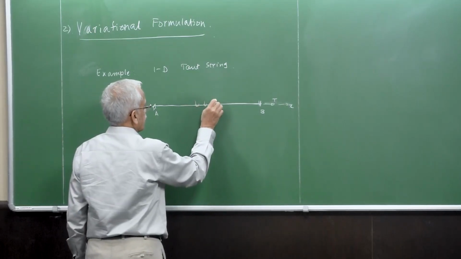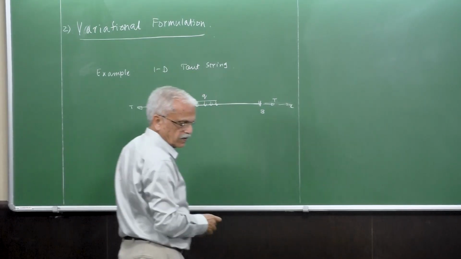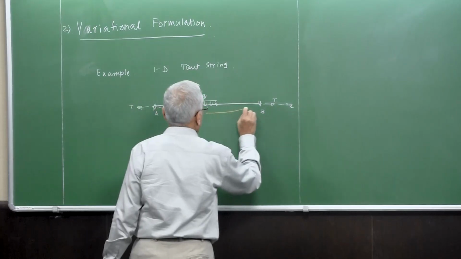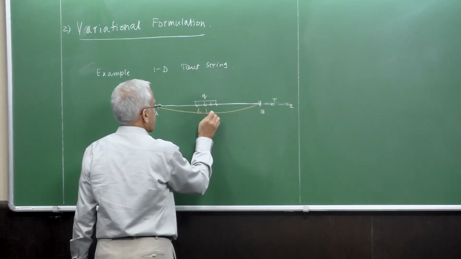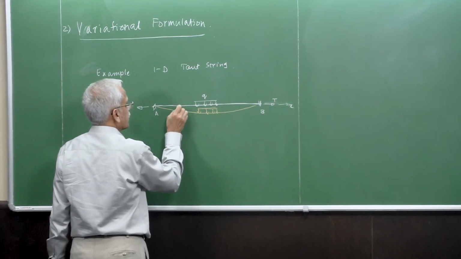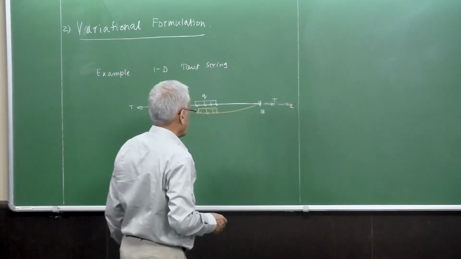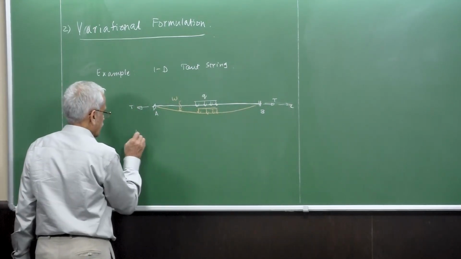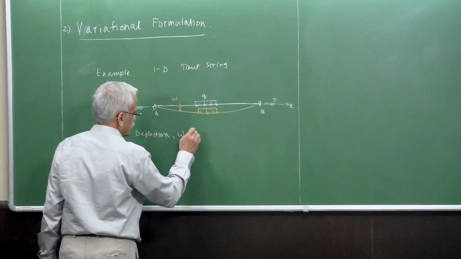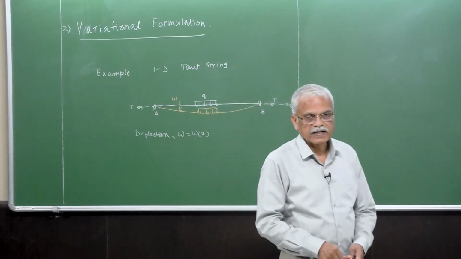We have a load which is laterally applied, and under the action of this load, the string is going to undergo a deflection, which we denote by W. Here the deflection is W, which is a function of X. This is the one we are trying to obtain.